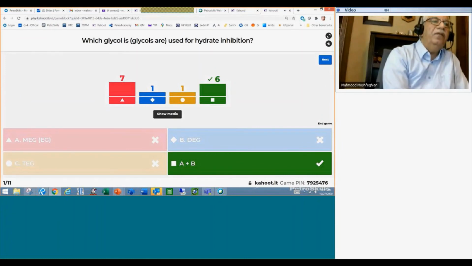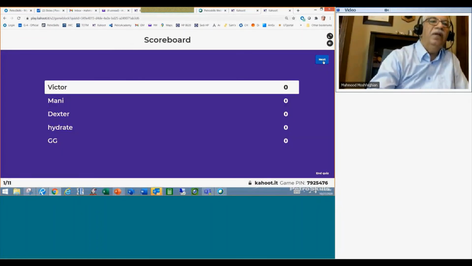So we got both MEG and DEG. They're both correct. So A plus B is the correct answer. TEG, we use it for dehydration only. We got Victor, Mani, and Dexter.